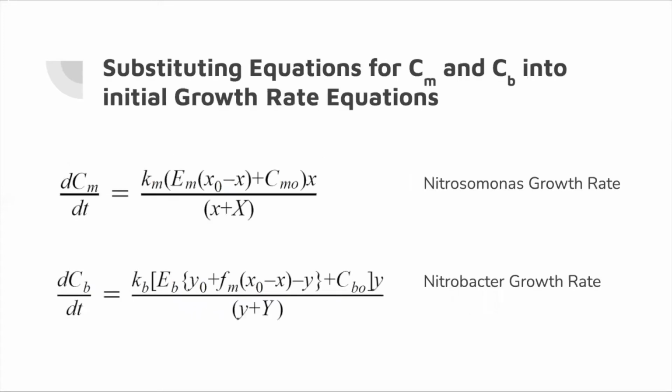We substituted the bacteria concentration expressions from the previous slide into the growth rate equations to yield the following. Since these expressions are a function of bacteria concentration, ammonia concentration, and nitrite concentration, we need to simplify further to have a single expression for ammonia and nitrite, not in terms of bacteria concentration.